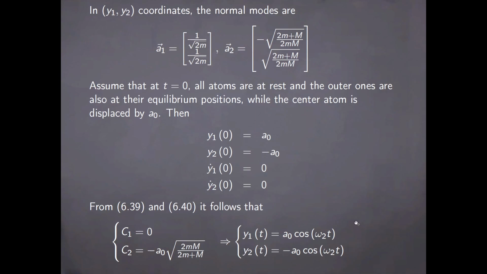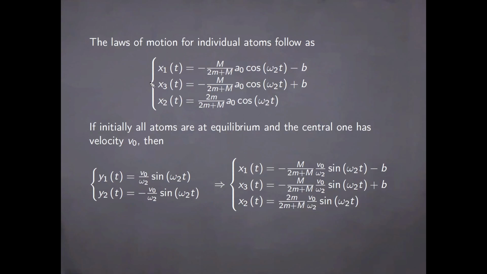And knowing these, we can then immediately write the laws of motion for individual atoms as shown here. So this particular set of initial conditions corresponds to vibrations in the odd mode.